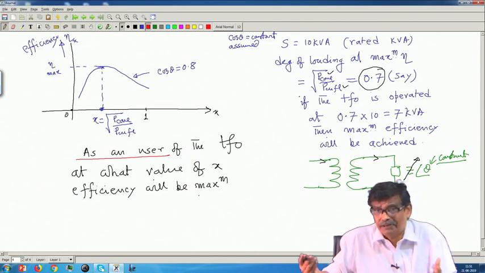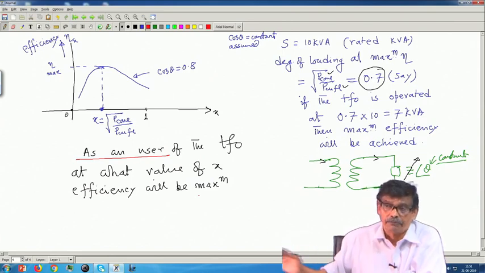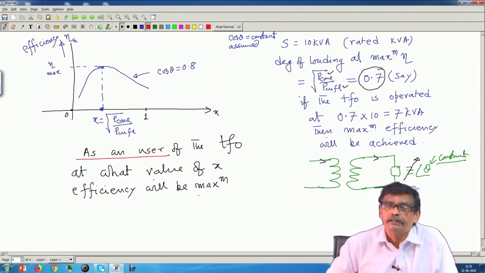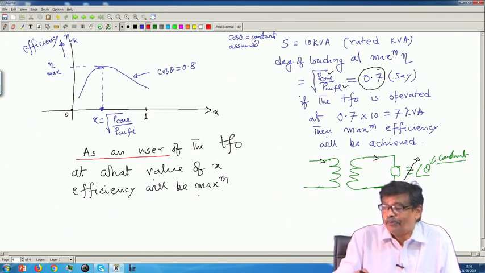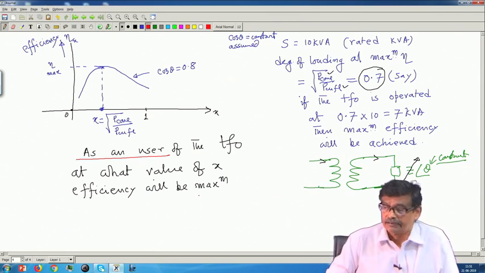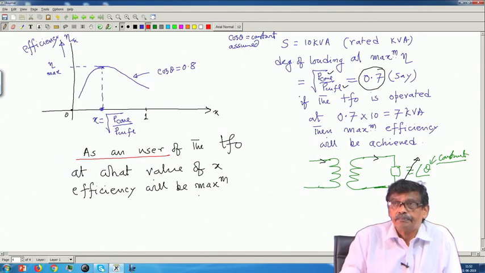Certainly, it will not be greater than x equal to 1.2 or 1.5 for continuous running, and this is the point I will discuss in the next class. I hope you have understood this. Thank you.